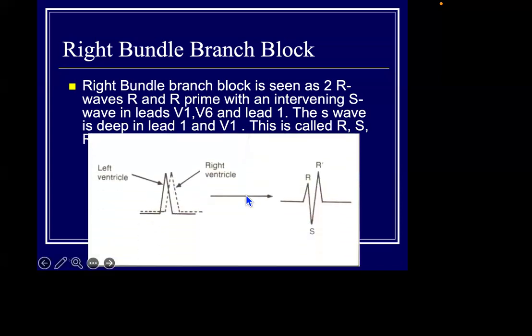So right bundle branch block, this is what you see. We say in the right bundle branch block, the left ventricle activity comes first. And this is the R wave of the left ventricle. And then the dotted R wave is the activity of the right ventricle. And actually this is what you see. First the R wave, this is the first R wave of the left ventricular activity.